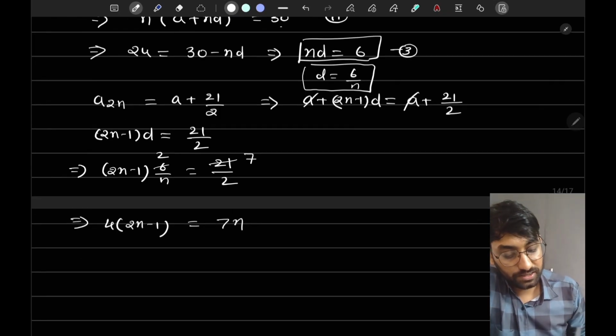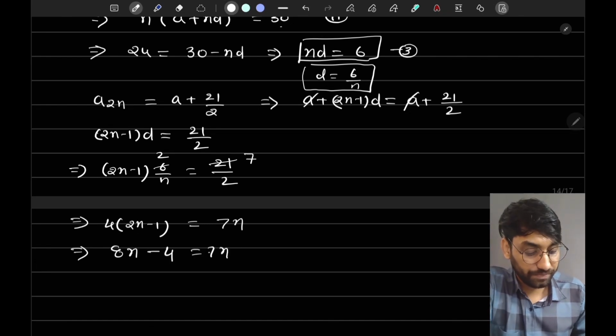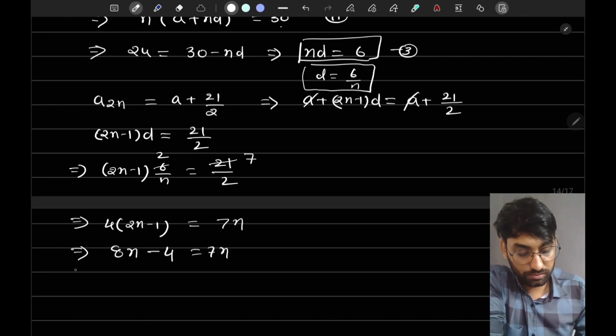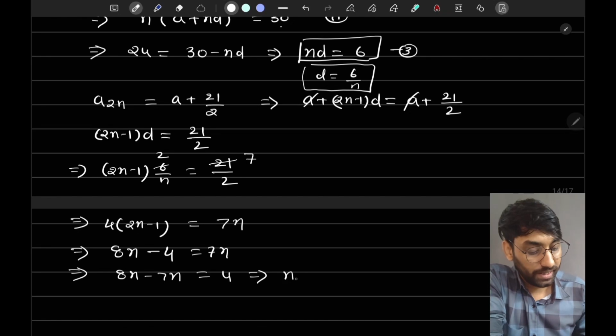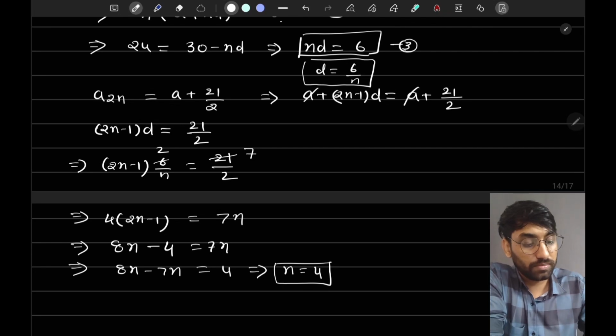Correct? So this becomes 8n minus 4 equal to 7n. So overall, 8n minus 7n equal to 4, which implies n equal to 4, right? So now I have the value of n. If n equals 4, from equation 3 I can get d also.